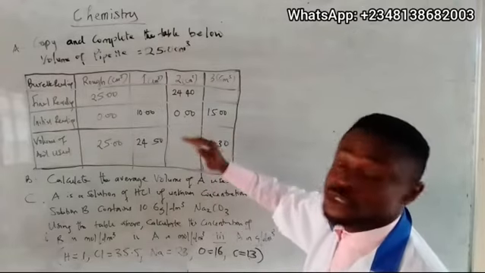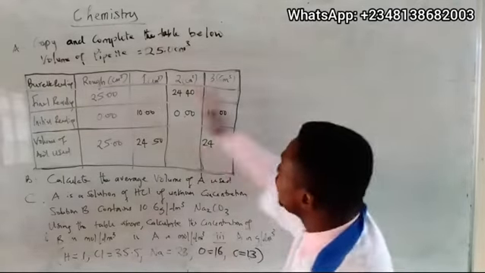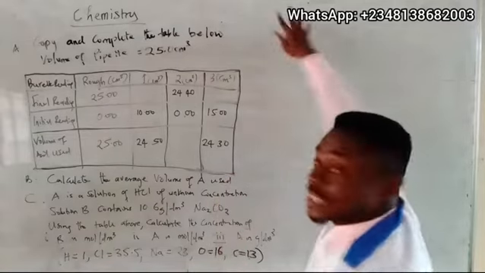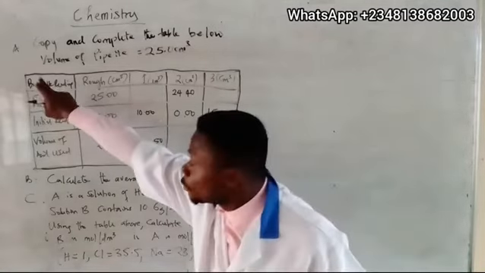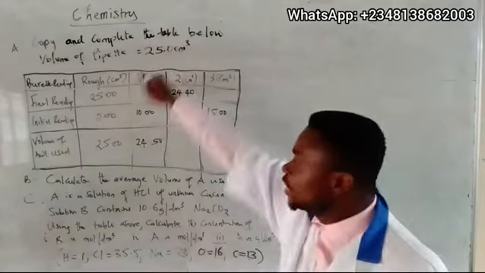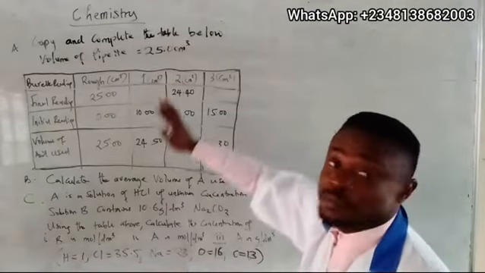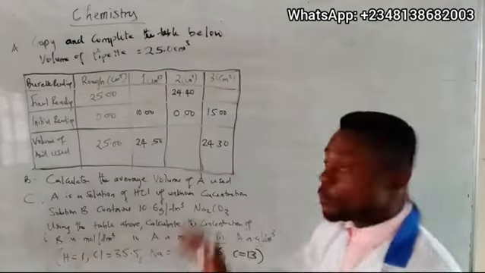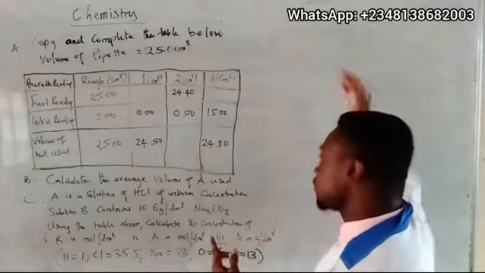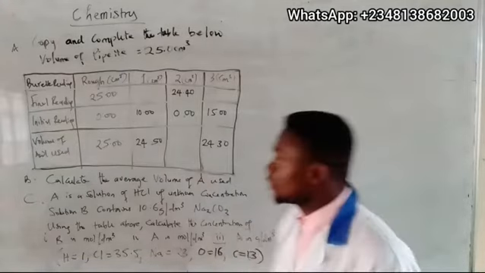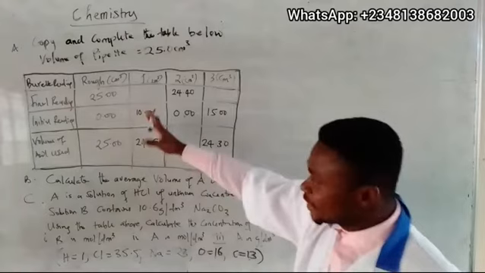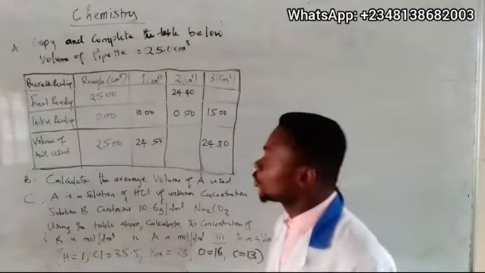Please, in exam condition, you need to copy the table, because if you copy the table separately and fill it, it has its own work mark. This is the A part of the question. Please don't just fill it inside the table like that. Copy it, draw it separately, then fill in. Now let's go. Okay, now let's just do it directly for the purpose of this lecture.